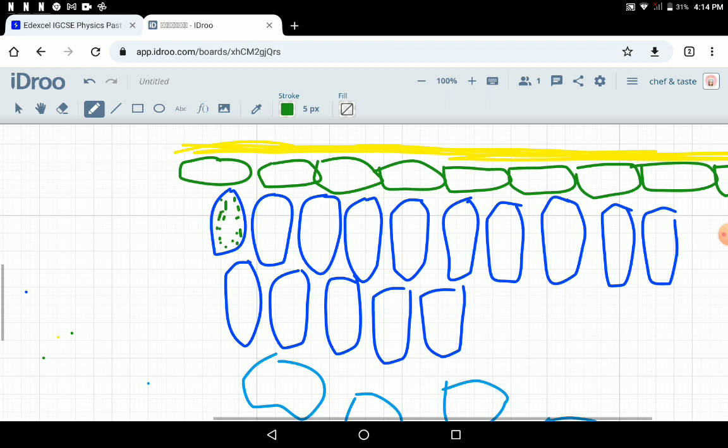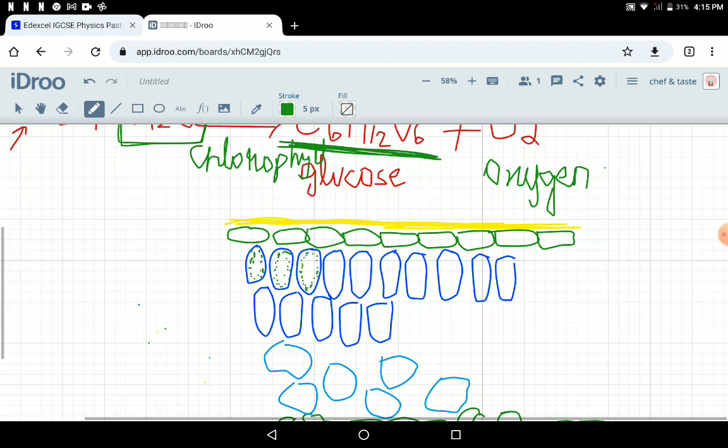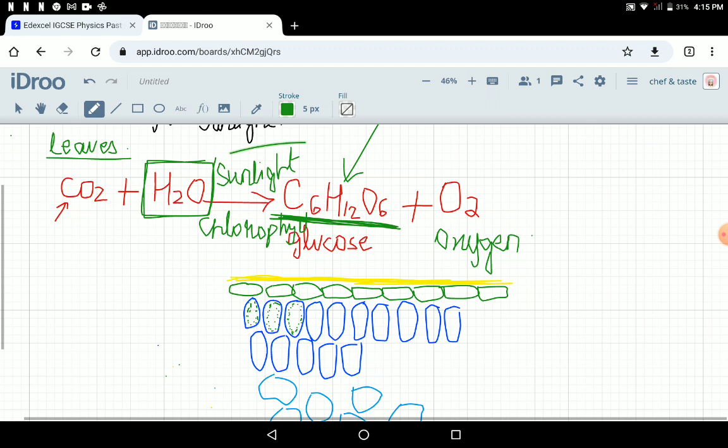Mesophyll cells contain chloroplast, and chloroplast is an organelle which contains chlorophyll. I have already discussed the role of chlorophyll: it gives green color to the plant. Secondly, it captures sunlight, because sunlight gives energy to drive the reaction of photosynthesis.